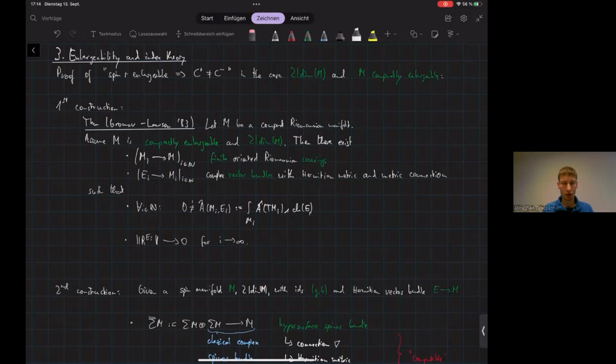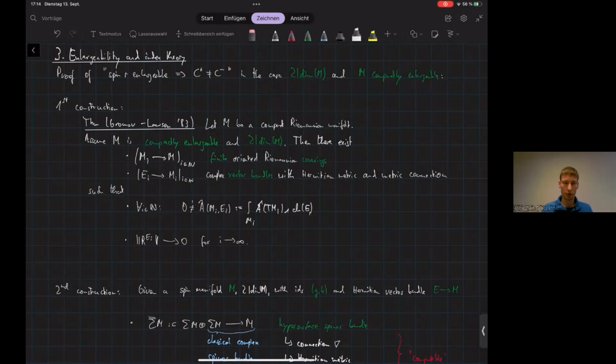And the second condition is that the curvatures of these complex vector bundles, which also carry the connection and the metric, tend to zero for i going to infinity.